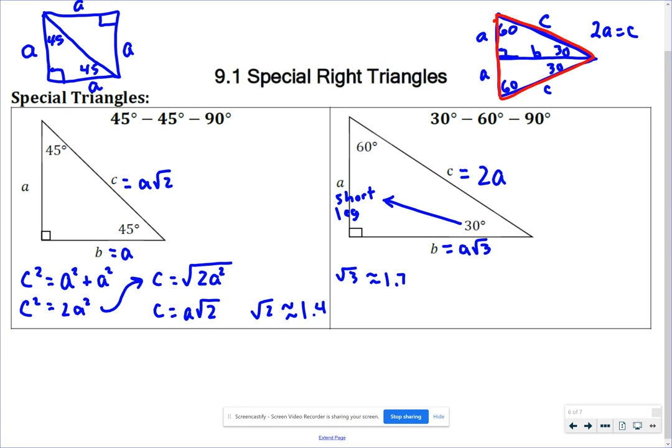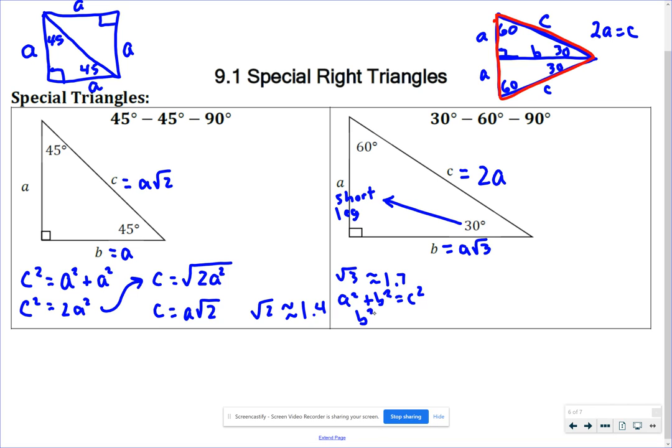Okay, so now where does that square root of 3 come from? Let's look at that really quick. In this triangle, we see why the 2A is equal to the C, I hope. So let me solve it. A squared plus B squared equals C squared, Pythagorean theorem.